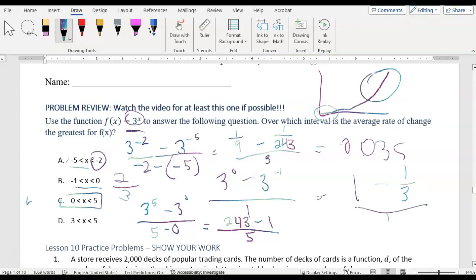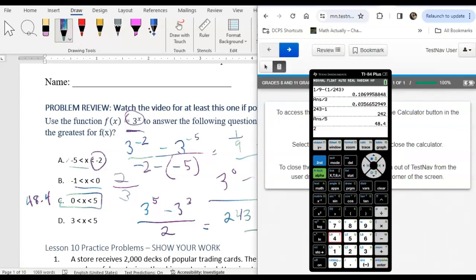But then we need to look at the last interval here. If instead we change these values, let's see what we get here, 3 to the fifth power minus 3 to the third power over 5 minus 3, which is 2. We will again have 243 minus 3 to the third power, which is 27, all over 2.